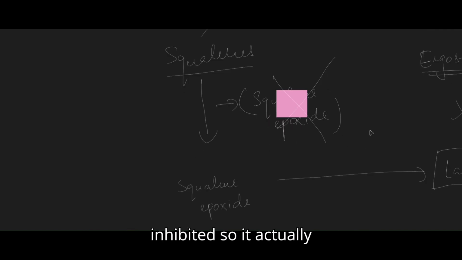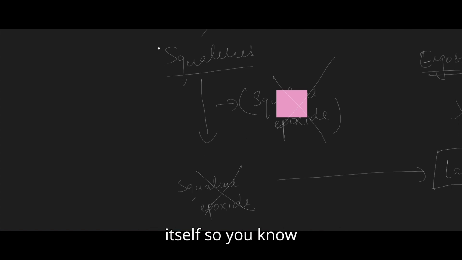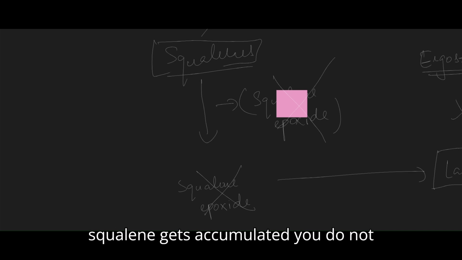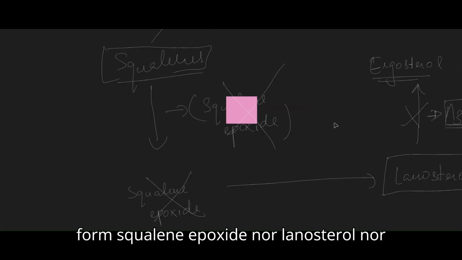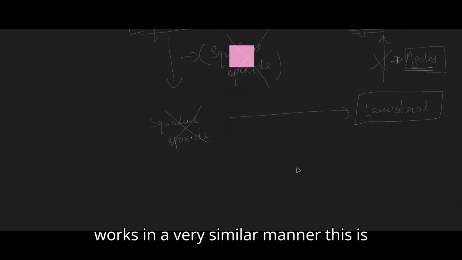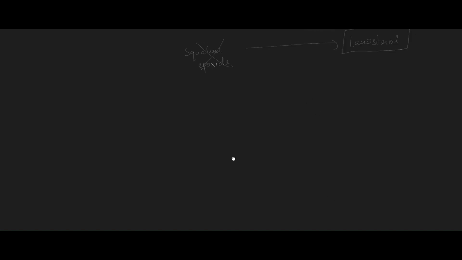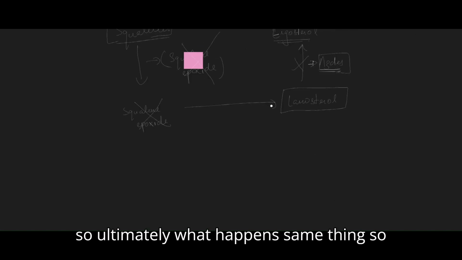So it actually inhibits the first step of the cycle itself. So squalene gets accumulated. You do not form squalene epoxide, nor lanosterol, nor ergosterol. So like I said, it works in a very similar manner. This is the only difference between allylamine and the other one. So ultimately what happens, same thing.